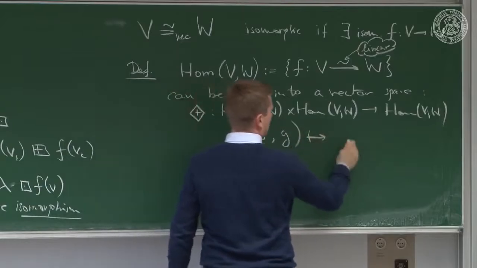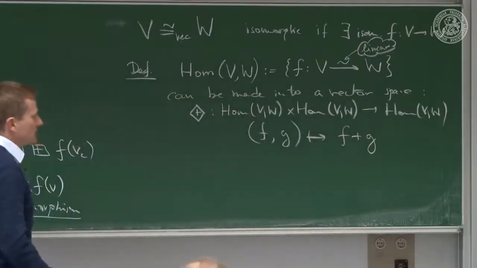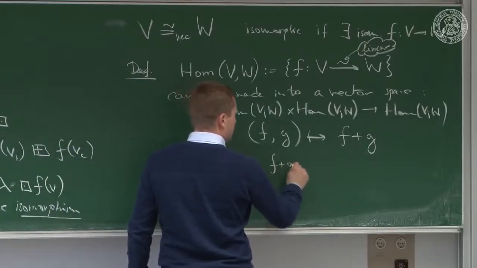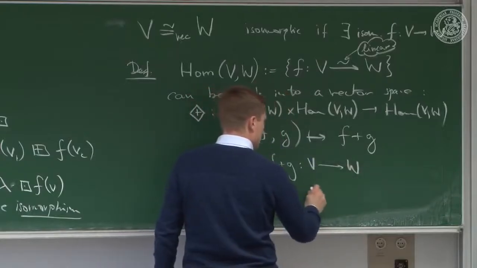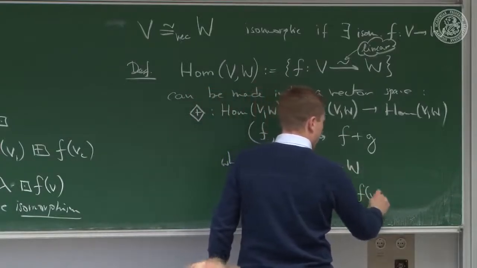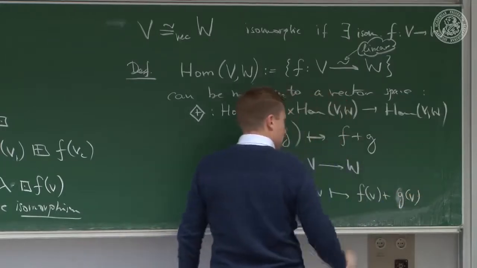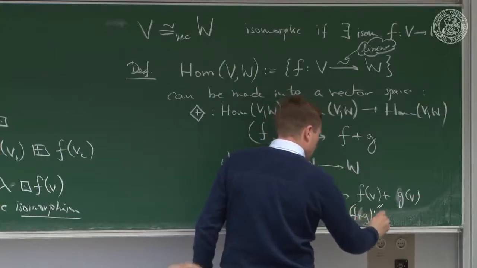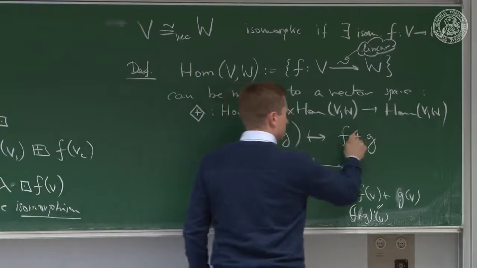It takes the pair and maps it to some map that I call F plus G, but I have to tell you what F plus G means, where F plus G is again a map from V to W, and it's defined by taking a vector v and mapping it to F of v plus G of v. And this result we then call F plus G applied to v. And this is the diamond plus.